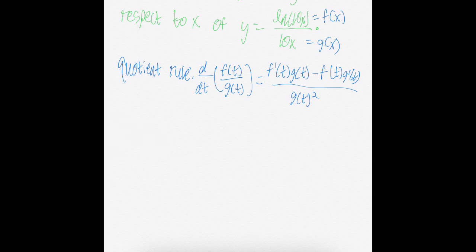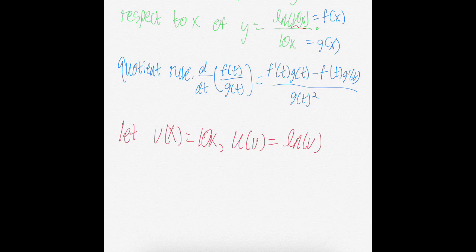Okay, so f of x, we have ln of 10x. So this one, well, let me break this down real quick. So again, kind of like what we did last time, let's let v of x be 10x, and u of v be ln of v.